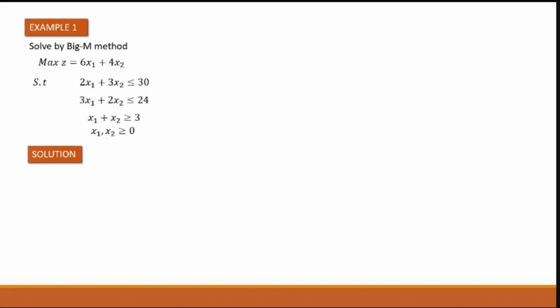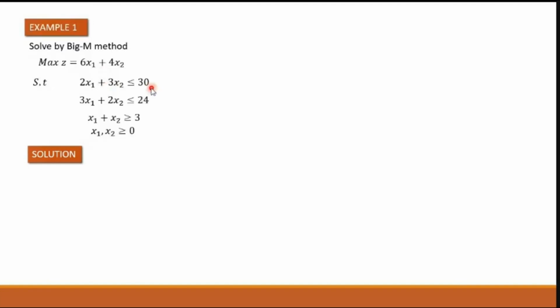Now the right hand side of each constraint, these are the right hand sides of each constraint. The right hand side of each constraint should be positive. You can have even 0, but you cannot have a negative number. The right hand side of each constraint should be non-negative, and there is no restriction on the inequalities. You can have less than or equal to, you can have greater than or equal to, etc.